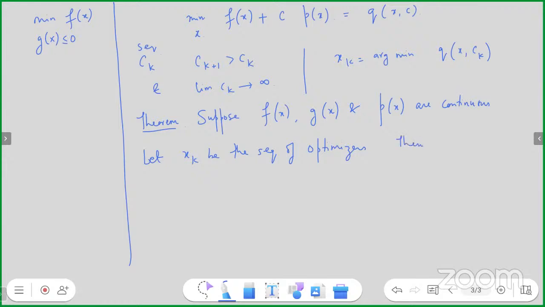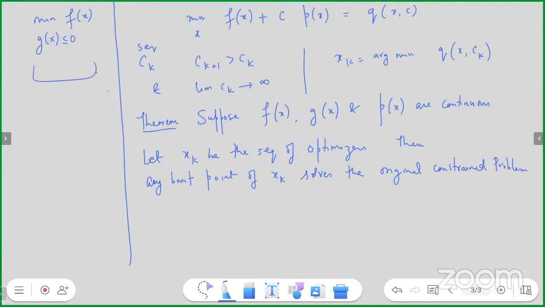Then any limit point of x_k solves the original constrained problem, which is this.